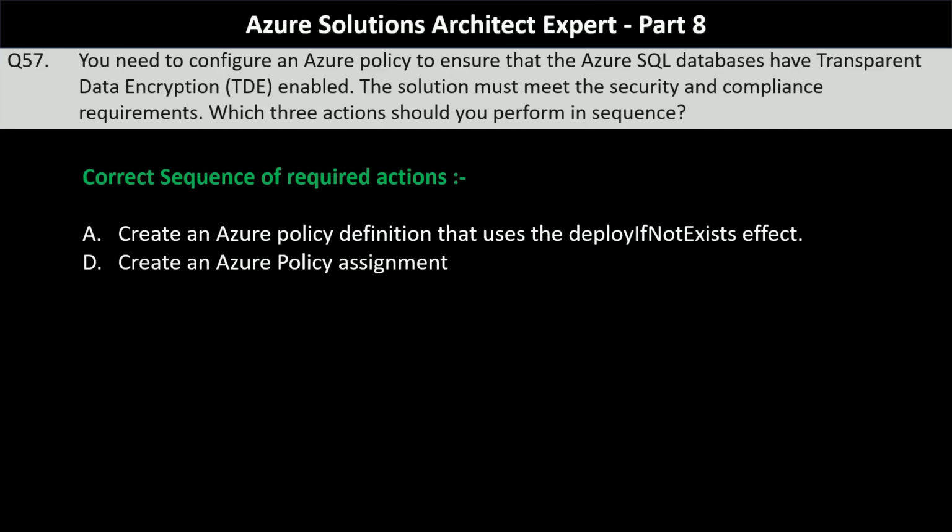You will assign the policy definition to a scope, which can be a subscription or a resource group, to enforce the policy, and this policy will monitor the existing and future resources in the selected scope. Finally, you will create a remediation task. This is to ensure non-compliant existing Azure SQL databases are remediated and TDE is enabled where needed.